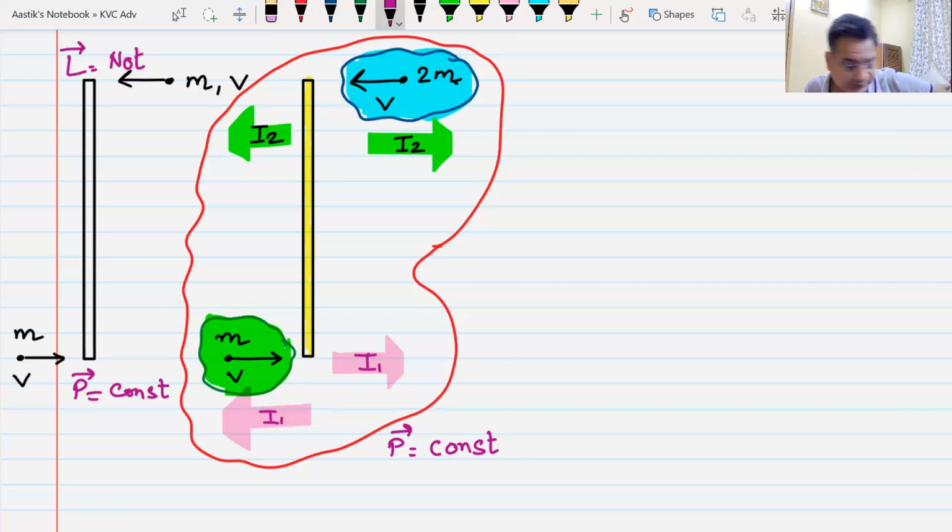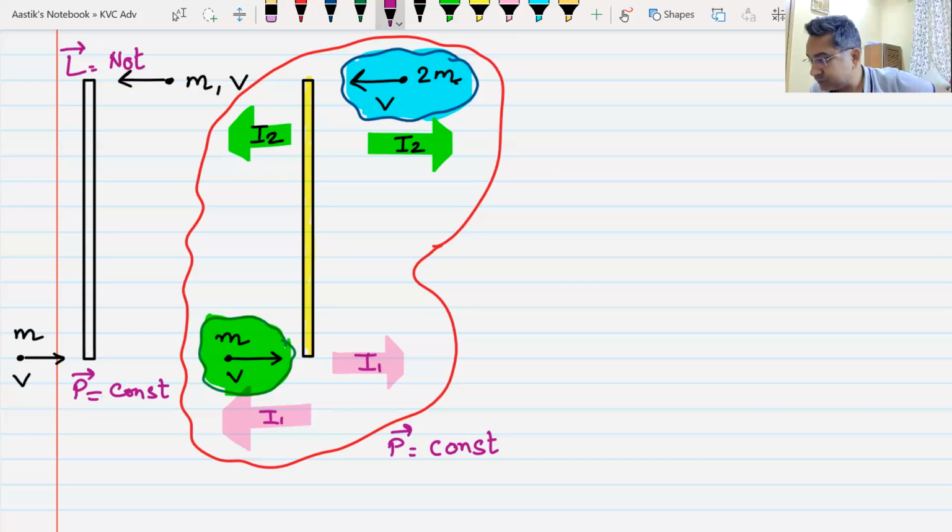Why is it not constant? Who is going to create angular momentum? There must be a force that creates a torque. Yes or no?